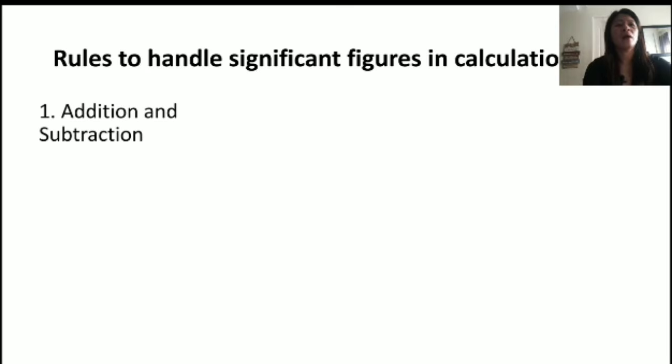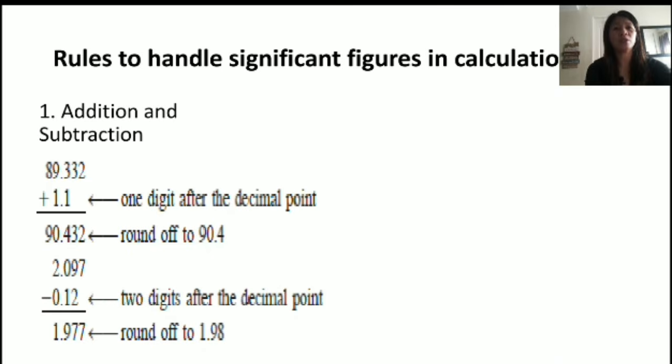Moving on, how do we apply the rules in significant figures in doing calculations? So in addition and subtraction, we follow the same guidelines or the same rules. For example, we are doing this addition, 89.332 plus 1.1. So notice both have decimal places.